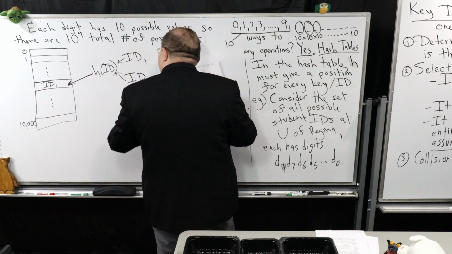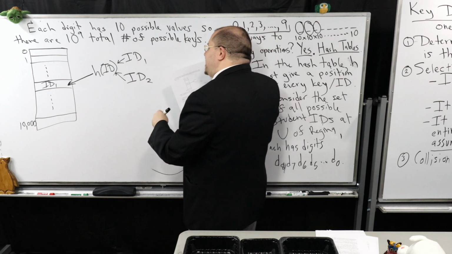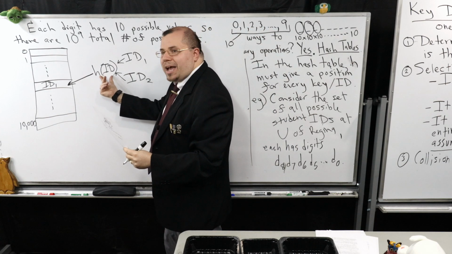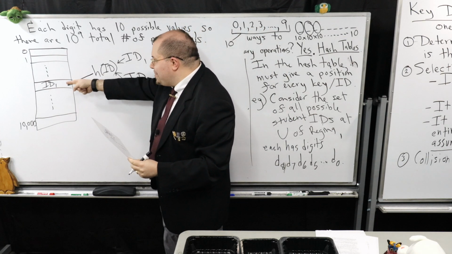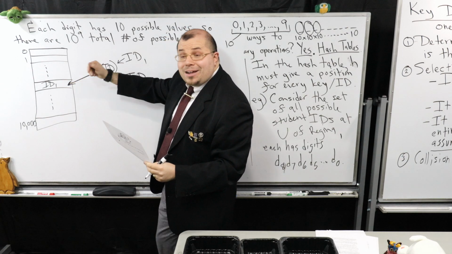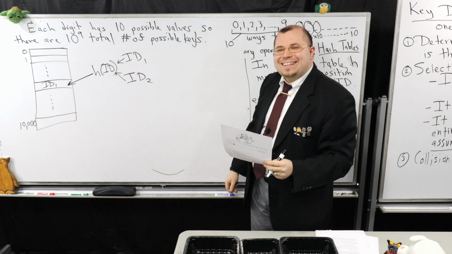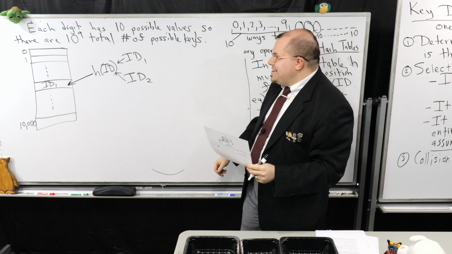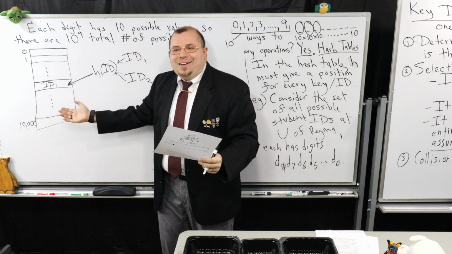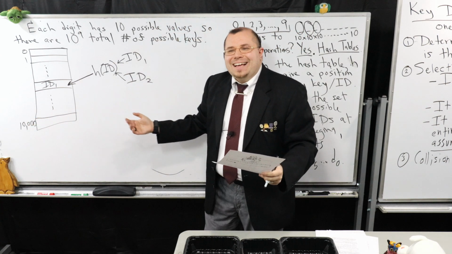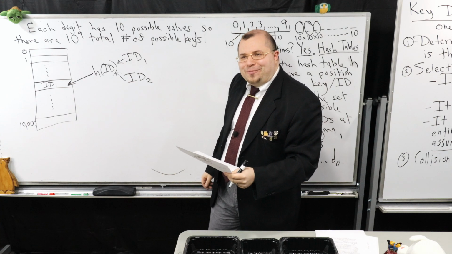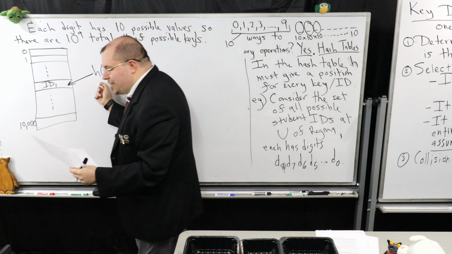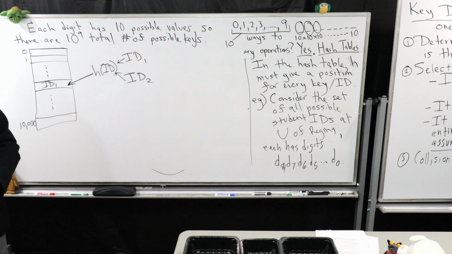Suppose that when I give this ID to the hash function, it tells me to put it right there. Is that going to be a problem for us? Well, which one should stay and which one should go? That's a little bit of a problem for us. So this is a standard problem we have to deal with for hash functions.